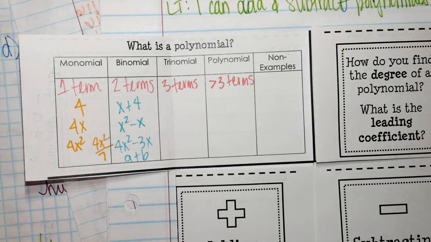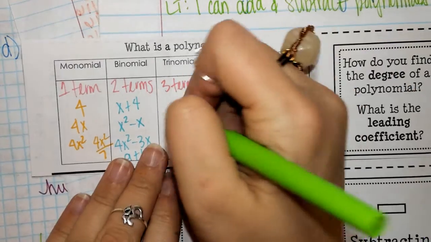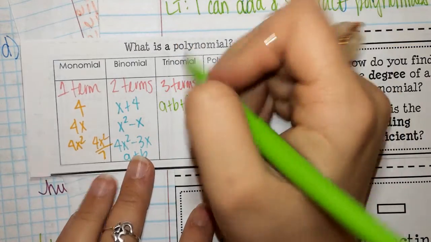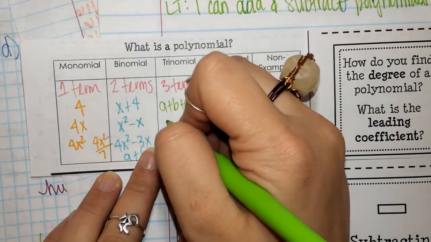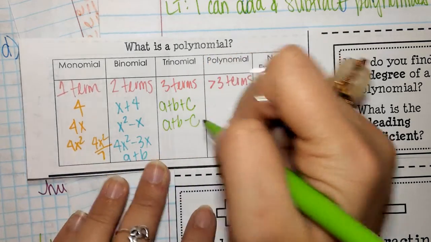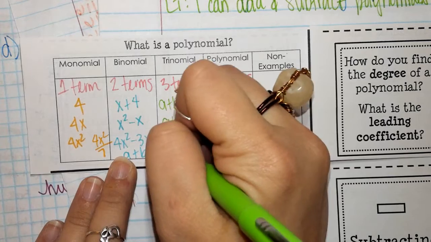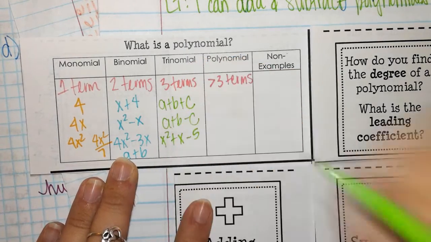Who thinks they can give me an example of a trinomial? Look at you go. Take a point. Christine? Take a point. You could also say x squared plus x minus 5.